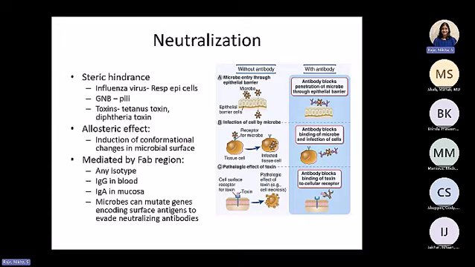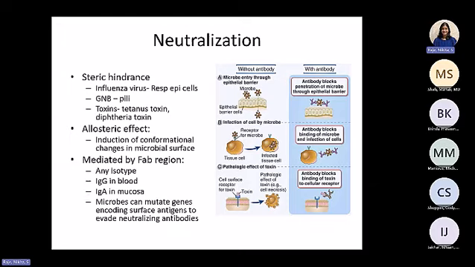First one is neutralization. So when a microbe comes to the surface, there is something called steric hindrance, which means the antibodies can interfere. Say there is a tetanus toxin or diphtheria toxin. The toxin itself cannot bind to the surface or the cell that it binds to because the antibody is bound to that toxin.